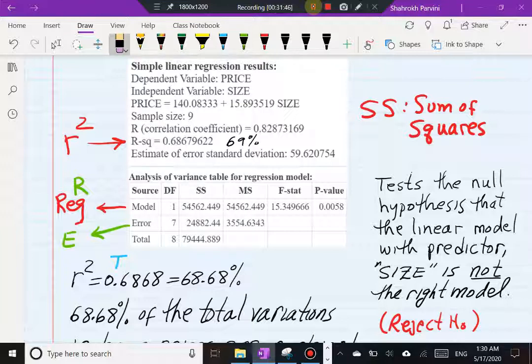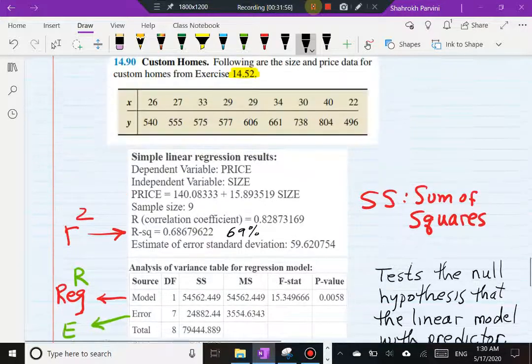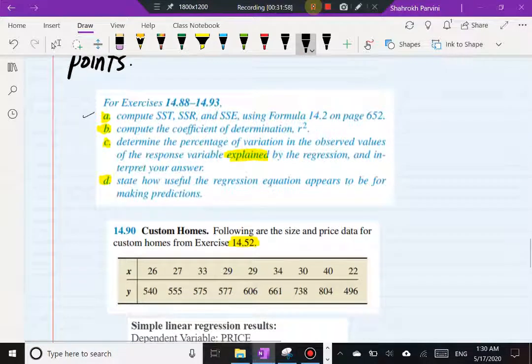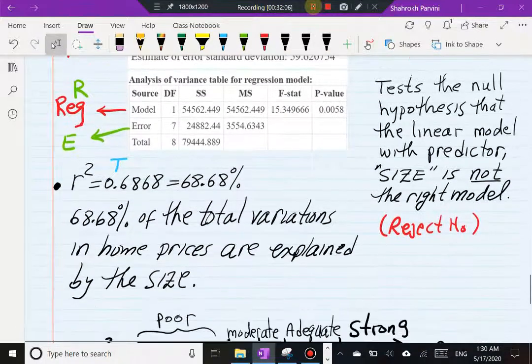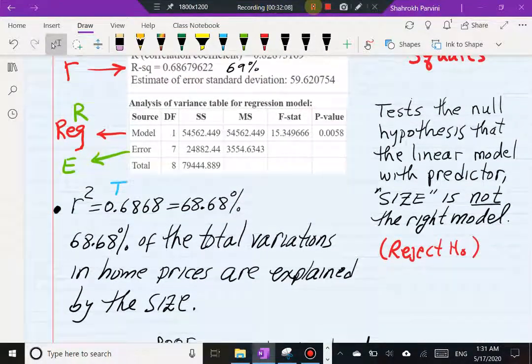Now, from this section, what we would like to answer is the R squared. Right in here, the R squared is 68.68%. So we answered all parts here, A, B, and C. Now, how useful? Here's the explanation.